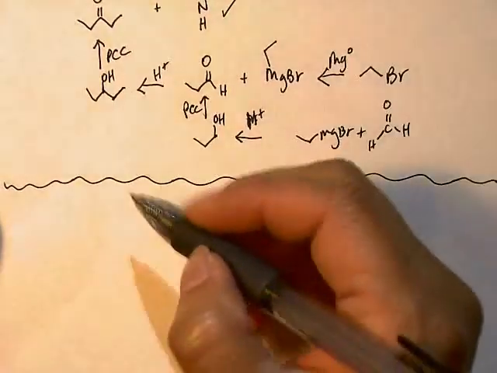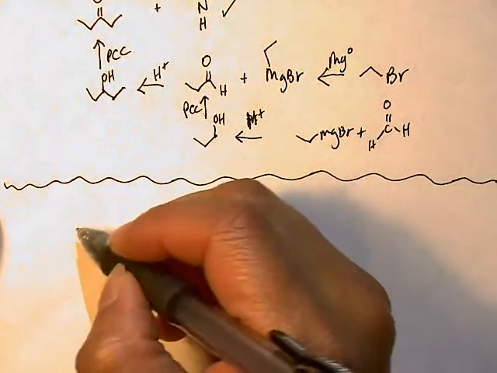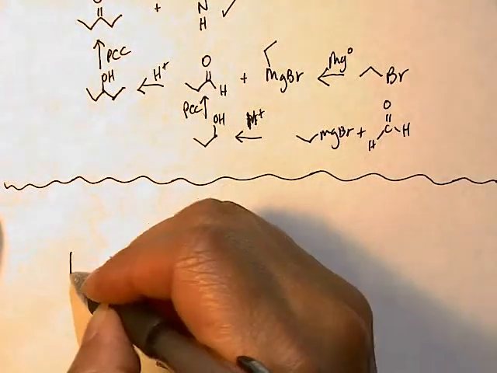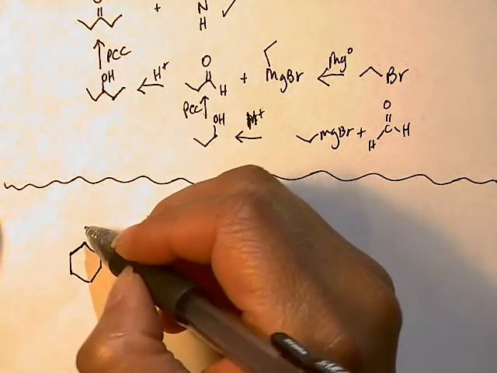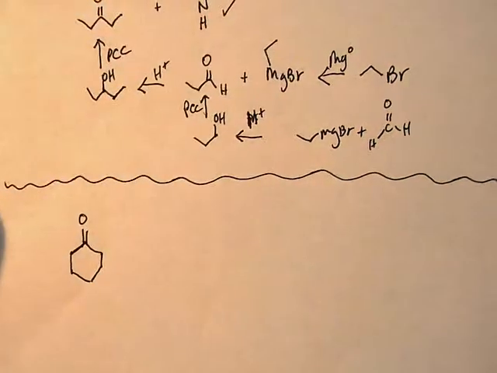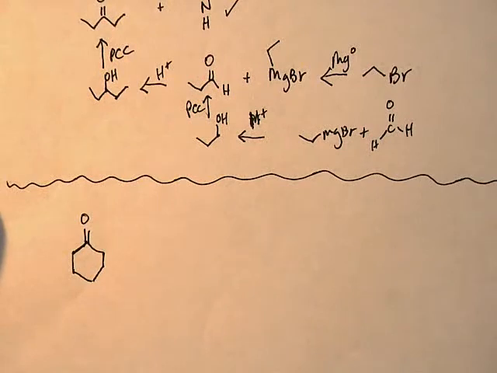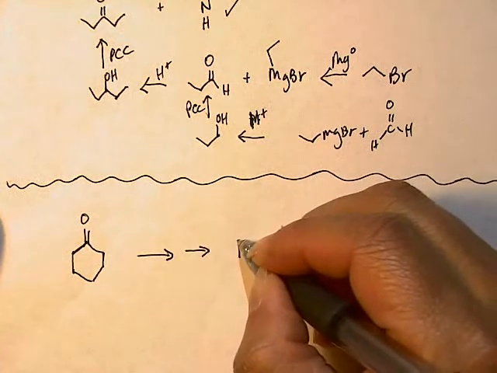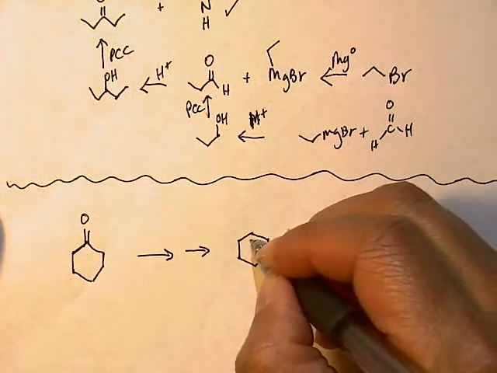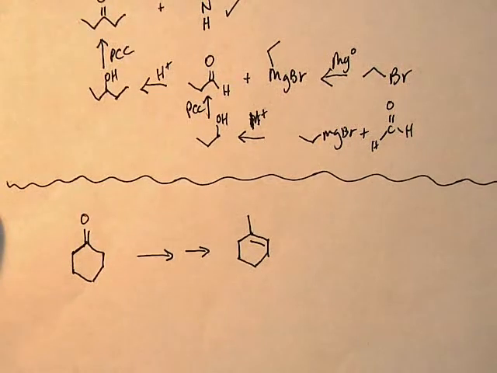So quickly, I want to also give you another problem in which, let's say, they give you the starting material. For example, let's say you're asked to start with cyclohexanone, and they want you to make this 1-methyl cyclohexene.